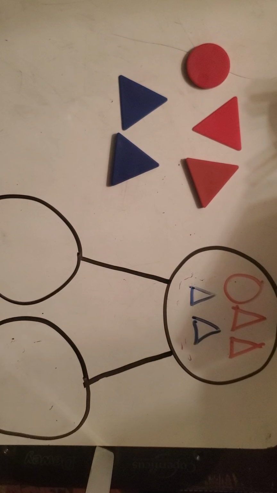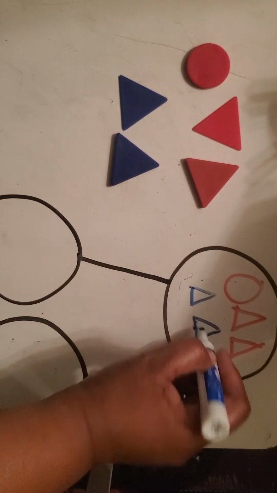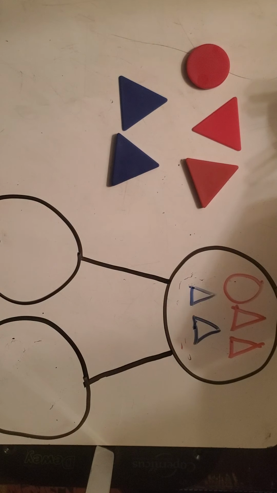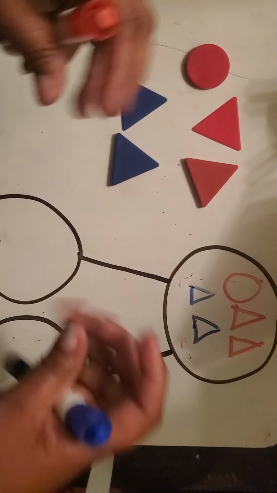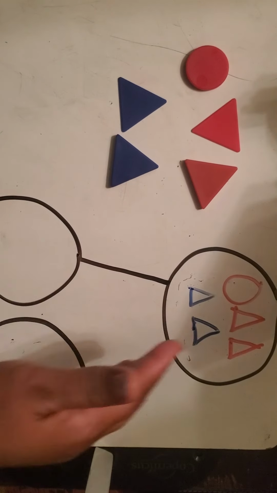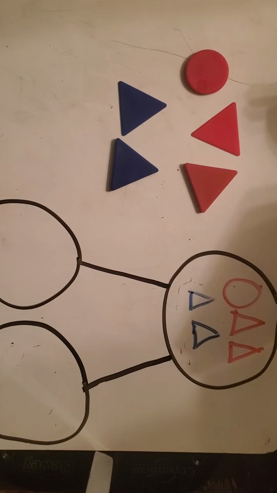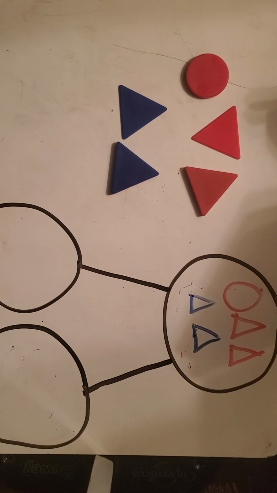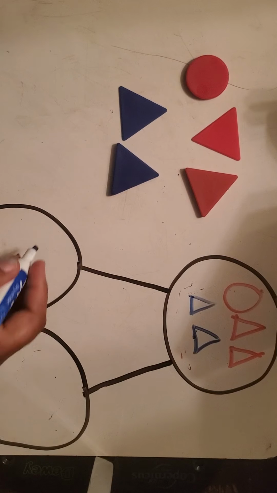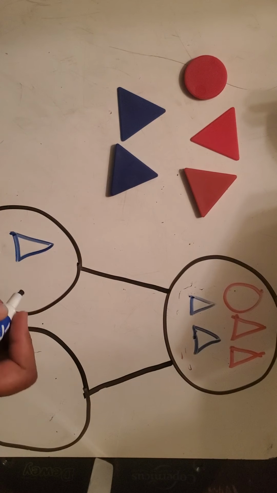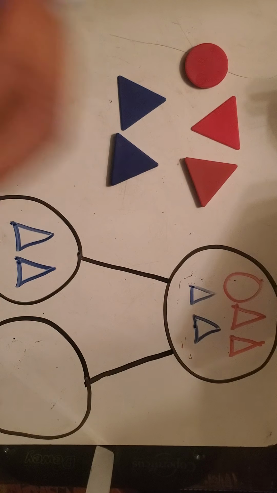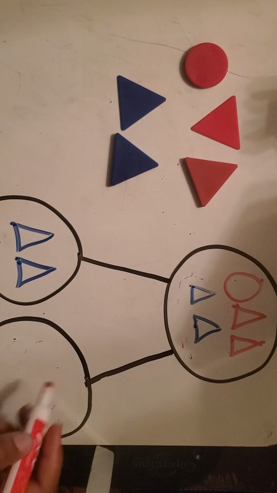So how many shapes do I have all together? 1, 2, 3, 4, 5. Now, how can I break this apart or decompose this in my number bond? Absolutely right. I can take 2 of my blue shapes and put them in one part. And then I can take 3 of my red shapes.